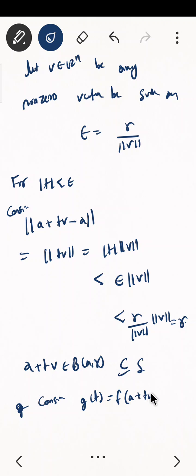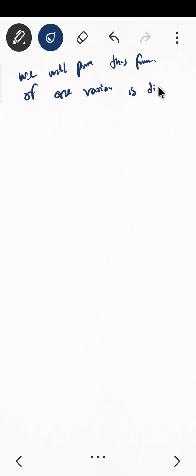I know that a plus tv is my interior point of this open ball. So what will we have to prove? This is a function of one variable, and we will prove it is differentiable at 0.